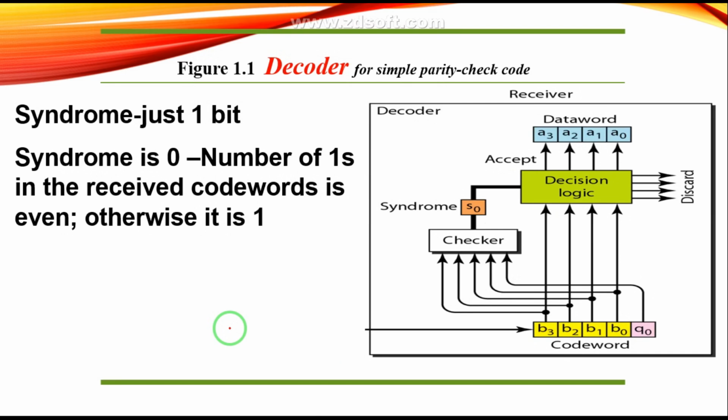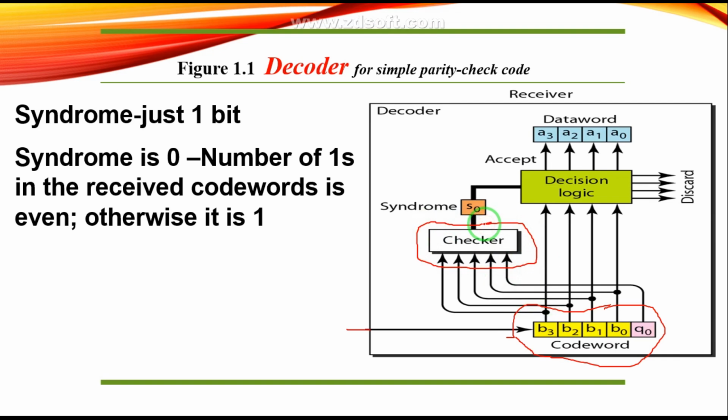Now, the code word may be corrupted. The code word sent by the sender and received by the receiver may get corrupted during transmission. The receiver is going to receive this 5-bit code word. Now you can see the position of the checker at the receiver.